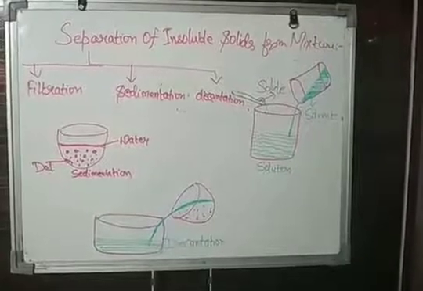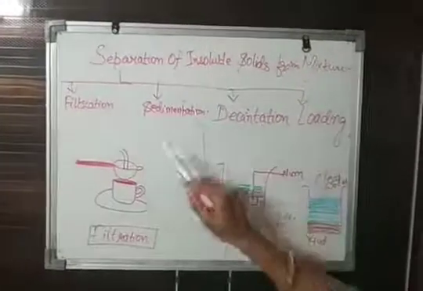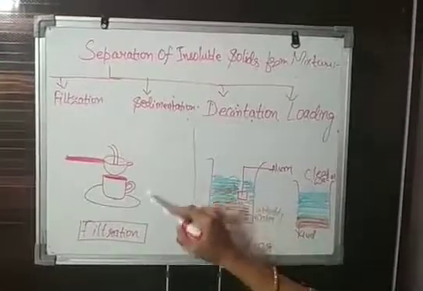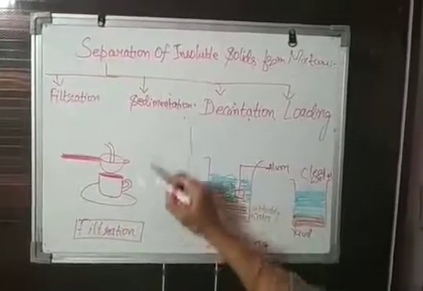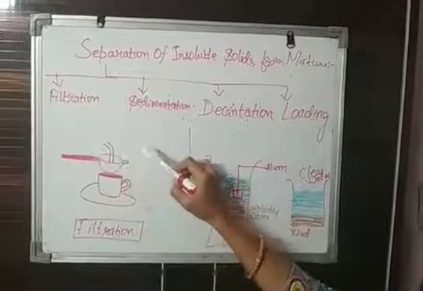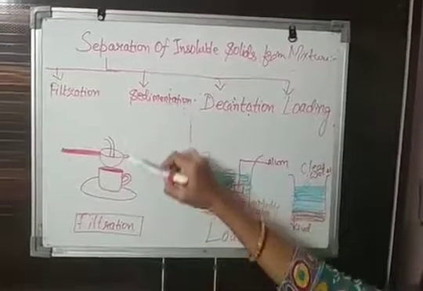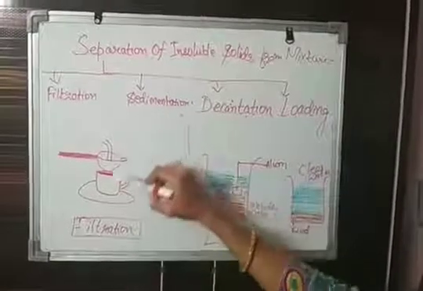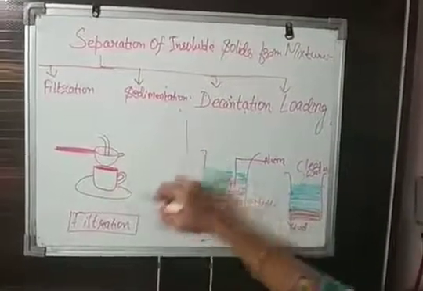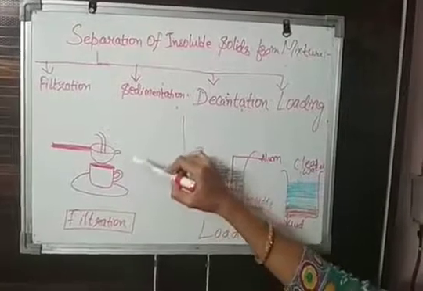Next one is filtration. Separation of insoluble solids from a mixture can also be done by the filtration process. You could see in the figure, a strainer is being used to filter the tea leaves and to have tea in the cup. So this is an example of filtration. What is filtration?